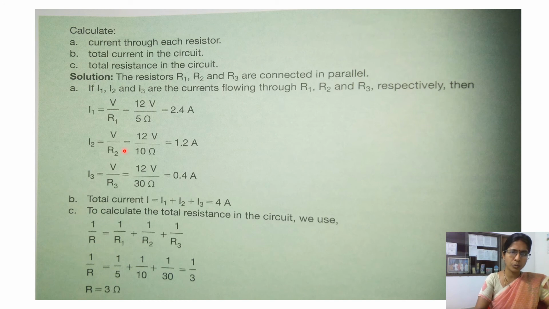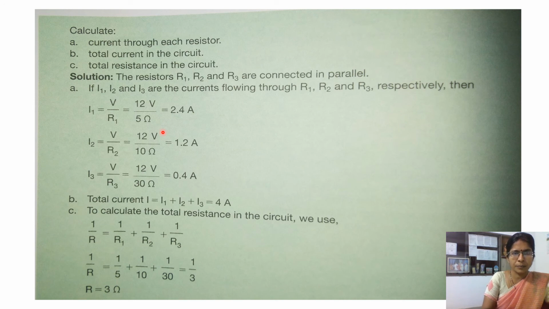Similarly, I2 is equal to V by R2, that is 12 by R2, which is 10 ohms, so it is equal to 1.2 amperes. Then the current across the third resistor R3 of 30 ohms is equal to 12 by 30, which is equal to 0.4 amperes. So these are the values of current across each resistor.